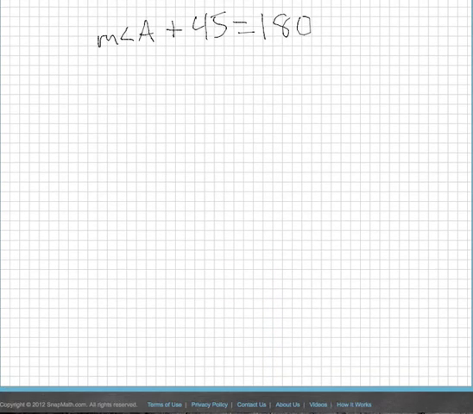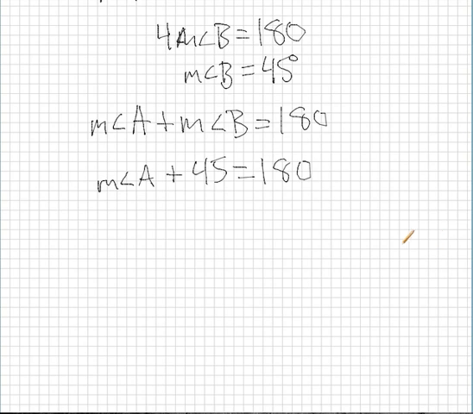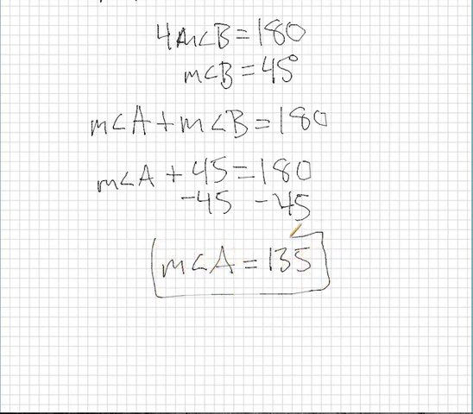And then we're going to subtract 45 from both sides. And then that's what you get: 135 is the measure of angle A. So here's your angle A, and here's your angle B.